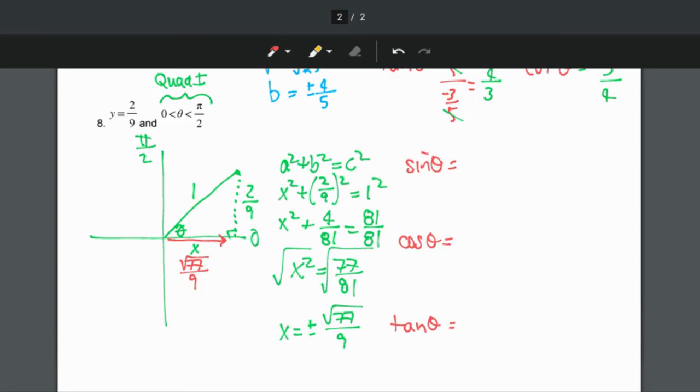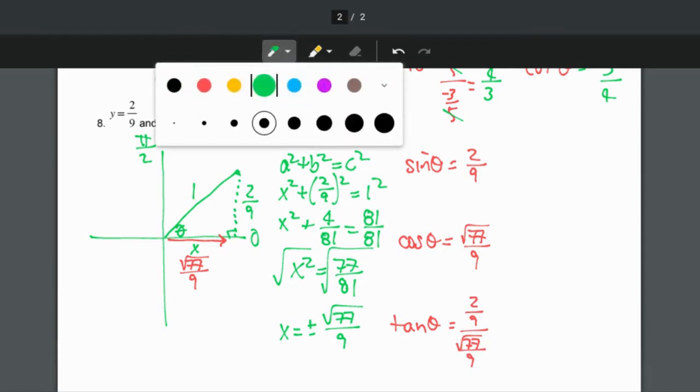So when doing my 3 trig ratios, I know that cosine is my x coordinate, sine is my y coordinate, and tangent is y/x. When you simplify tangent, we have a complex fraction with the same denominator.